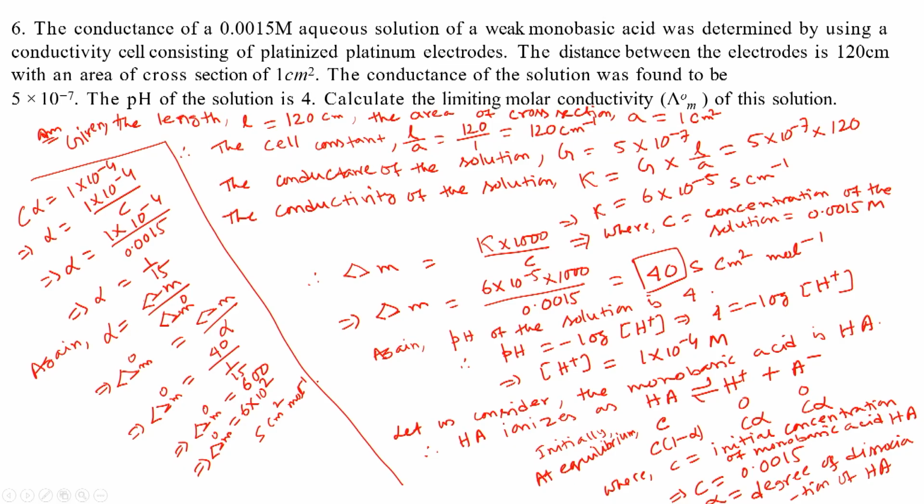So, from pH we calculated the concentration of H plus. From that, considering the dissociation, we calculated alpha. Once we get alpha, we use the expression alpha is lambda m by lambda m naught, and from there we can calculate the limiting molar conductivity, lambda m naught.